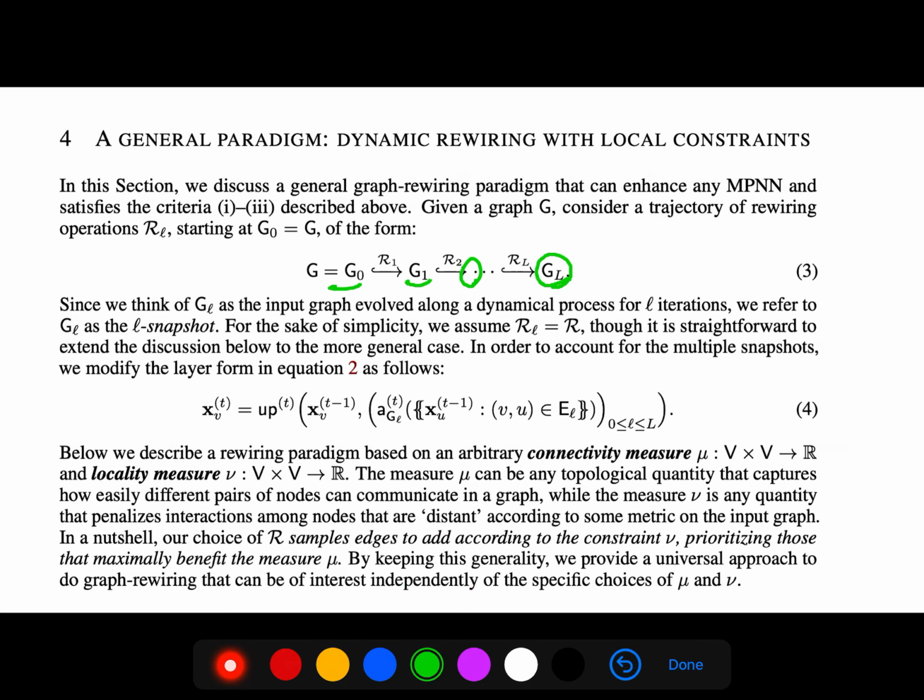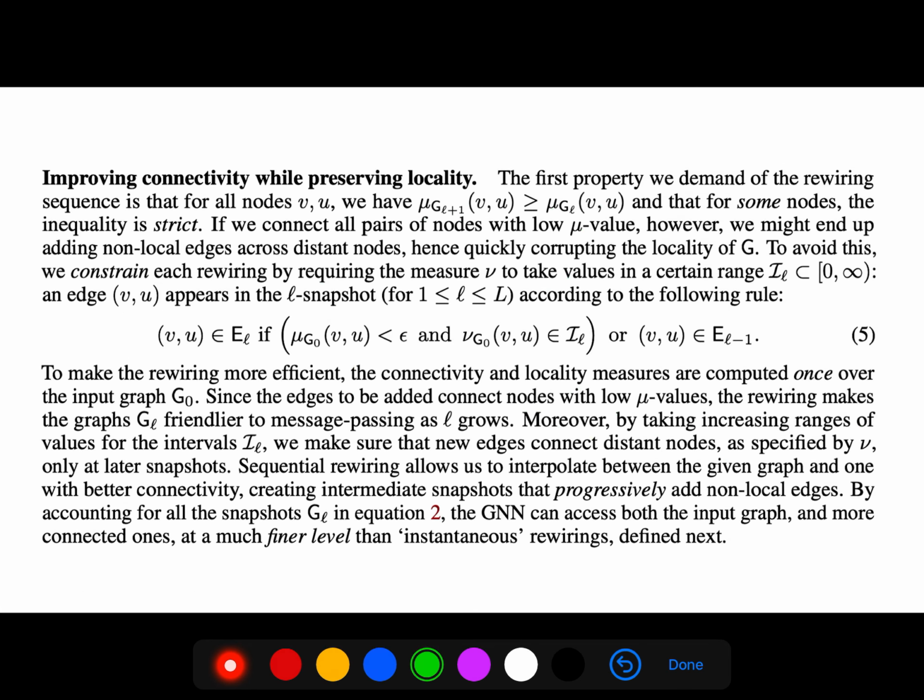I forgot to say this connectivity measure mu can be any topological quantity that captures how easily different pairs of nodes can communicate in a graph, while the measure nu is any quantity that penalizes interactions among nodes. So we constrain each rewiring by requiring the measure nu to take values in a certain range.